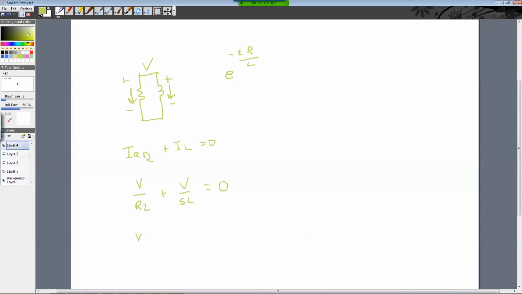So we collect the V, right? And here's the thing: if the voltage over time, or the Laplace voltage, were 0, there wouldn't be any current flow.